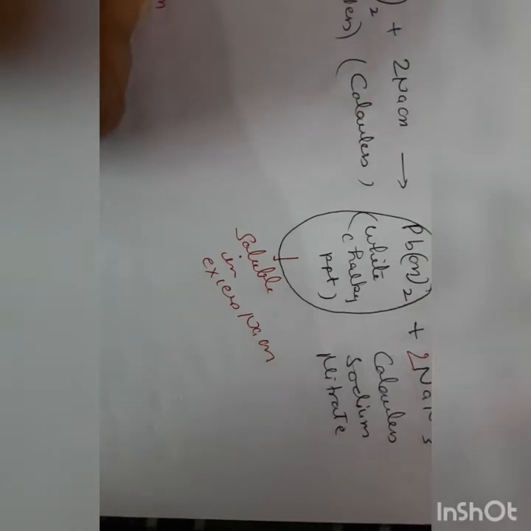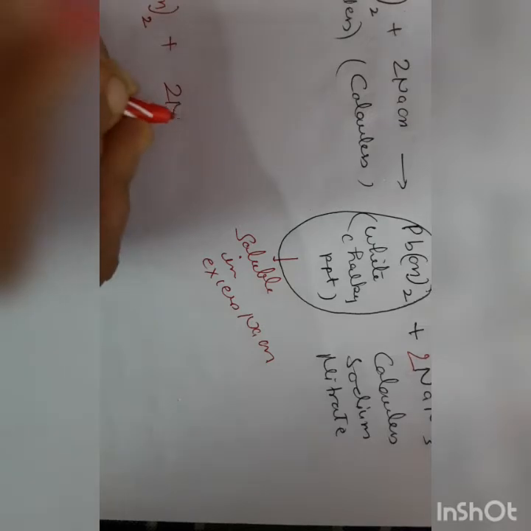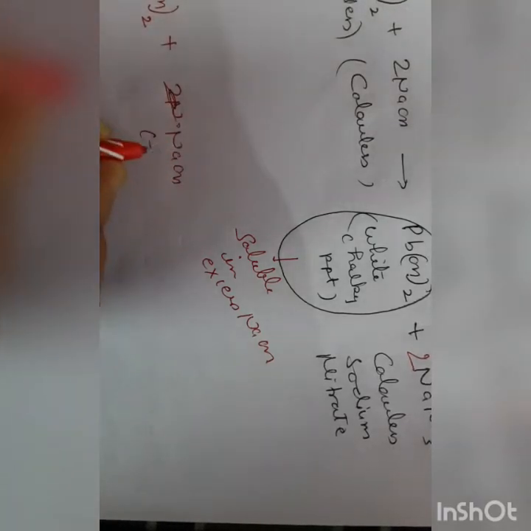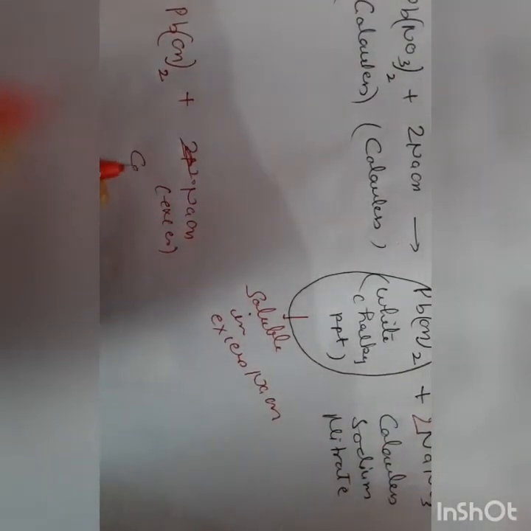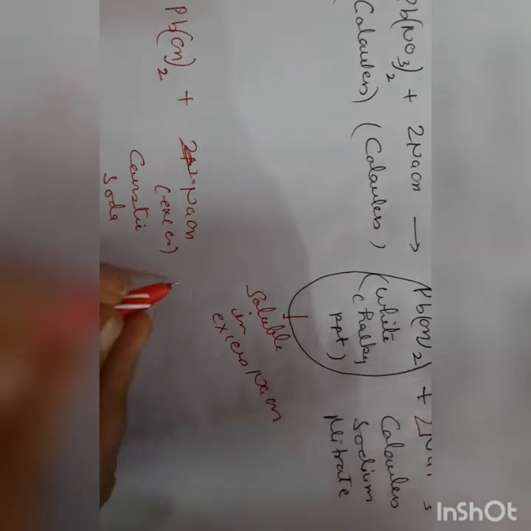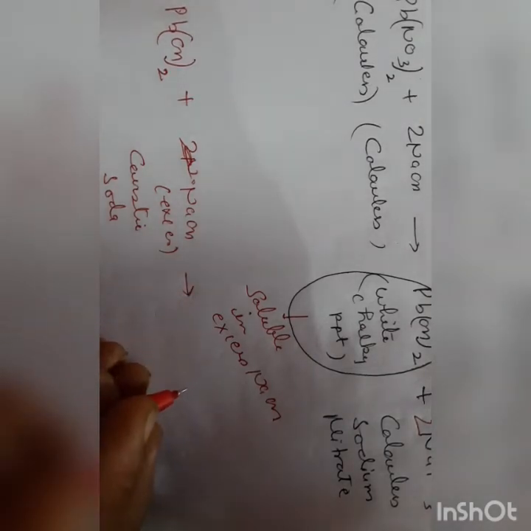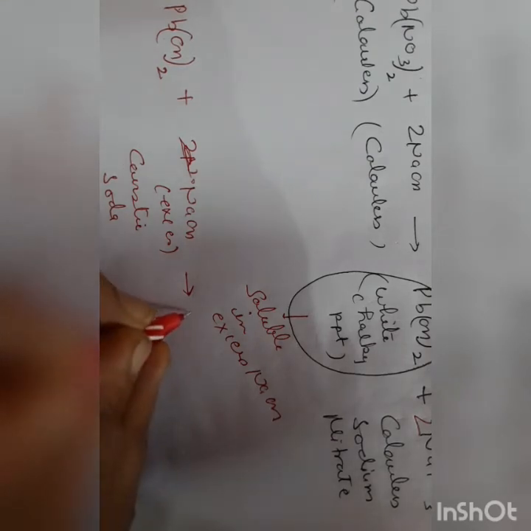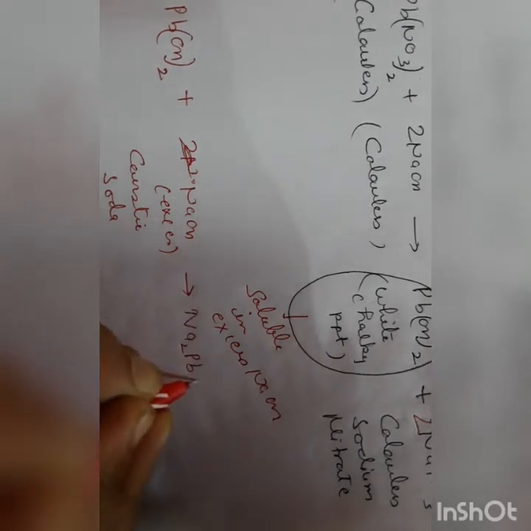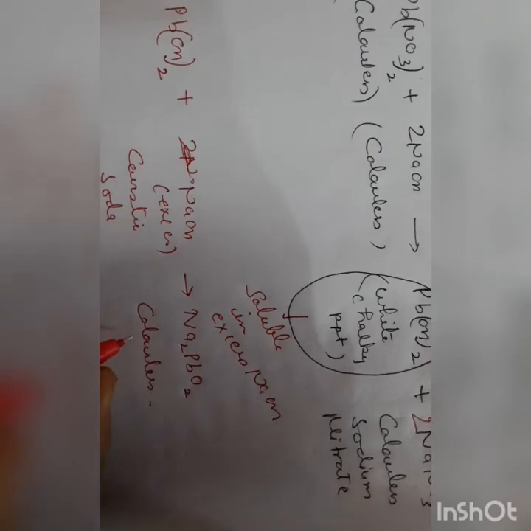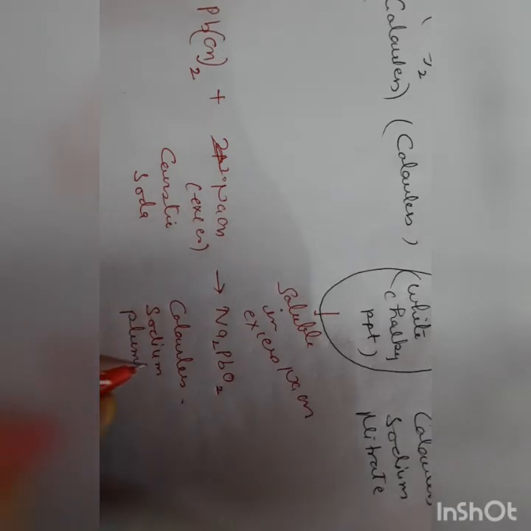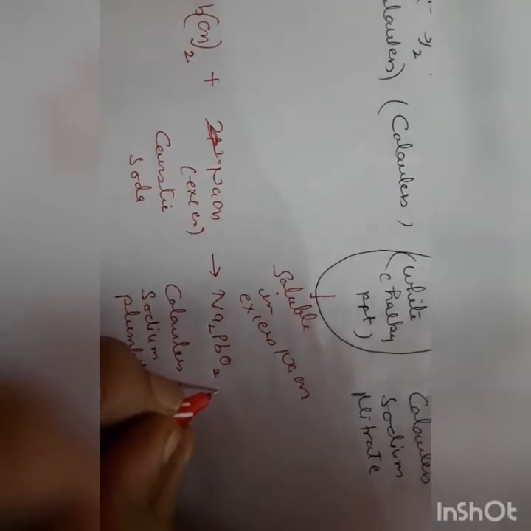Now we'll take lead hydroxide and excess of caustic soda, and we will get colorless sodium plumbite.